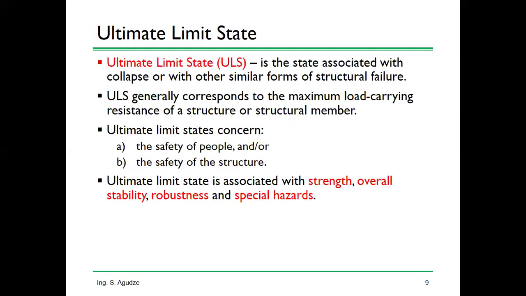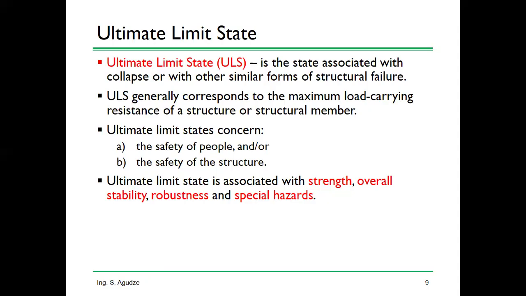Now, the ultimate limit state is the state associated with collapse or with other similar forms of structural failure. So this state typically is something that can lead to collapse of the building. Okay. So in terms of ultimate limit state, the concern is safety of the people and safety of the structure.